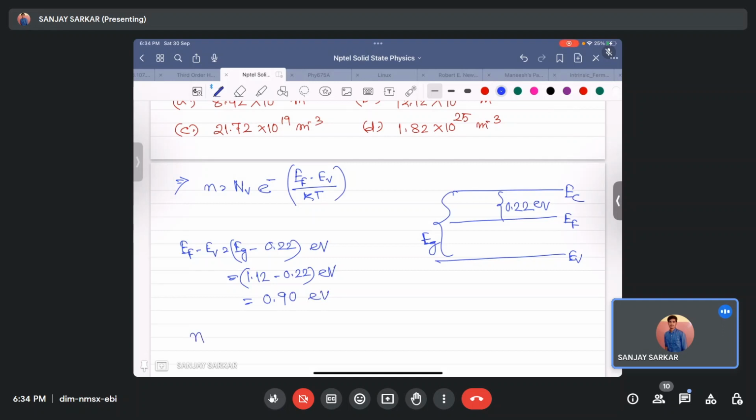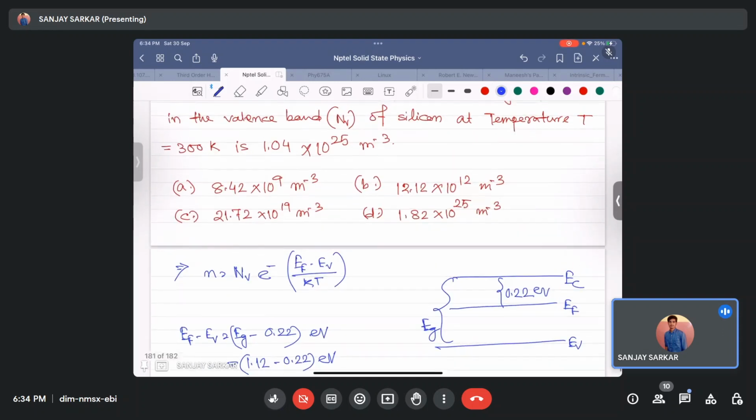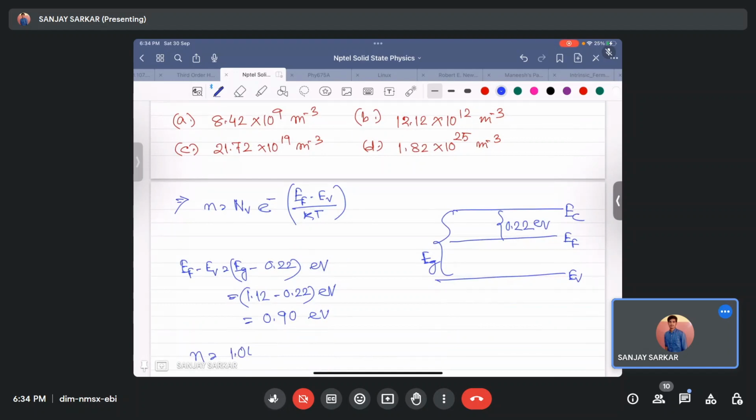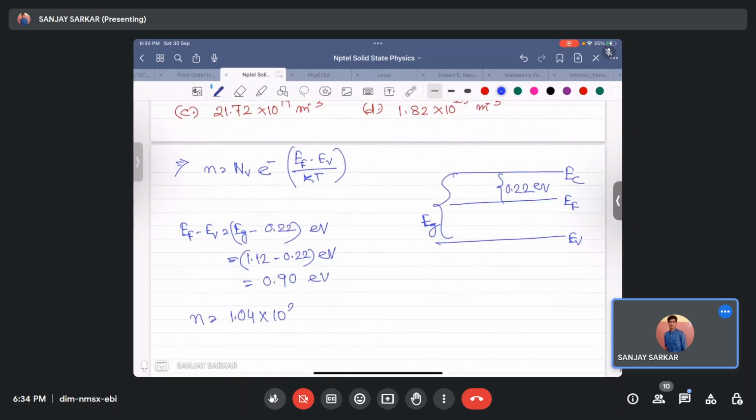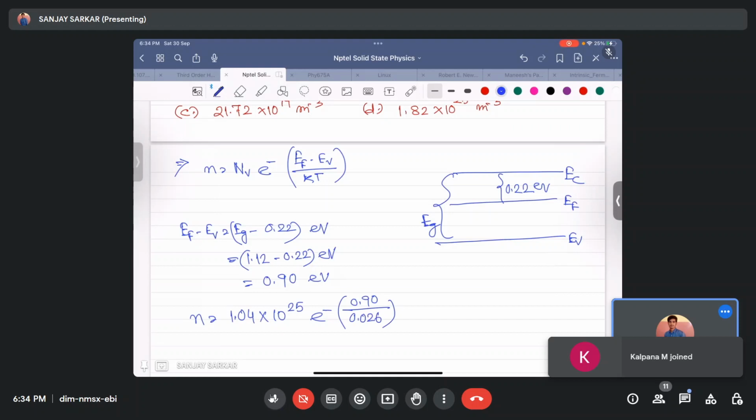Now you can calculate this. NV is also given, 1.04 into 10 to the power 25, into exponential minus 0.90 divided by 0.026, since temperature is again 300 Kelvin.